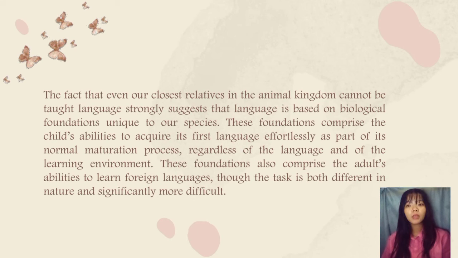This foundation comprises the child's ability to acquire its first language effortlessly as part of its normal maturation process, regardless of the language and of the learning environment. This foundation also comprises the adult's ability to learn a foreign language, though the task is both different in nature and significantly more difficult.